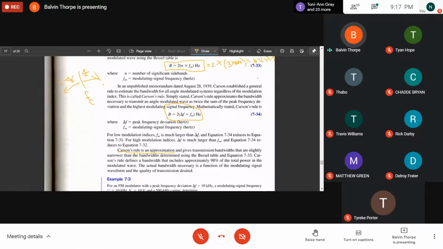Carson came up with a mathematical approximation based on the limitation of frequency and the frequency spectrum. He said that he could not afford to use frequency loosely using the Bessel function table calculation.